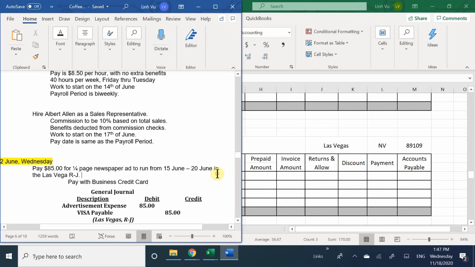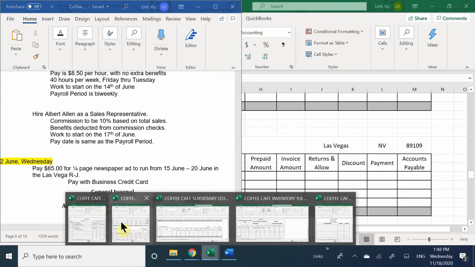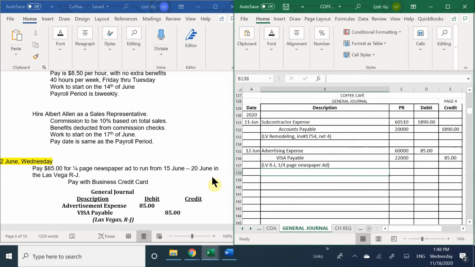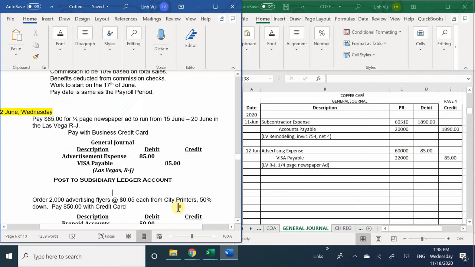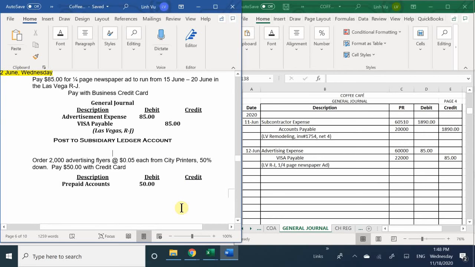So here we successfully journalized our first advertising and credit card transaction. So what came next? Let's see. Oops, sorry, I scrolled up. We ordered 2,000 advertising flyers at 5 cents each from city printers.